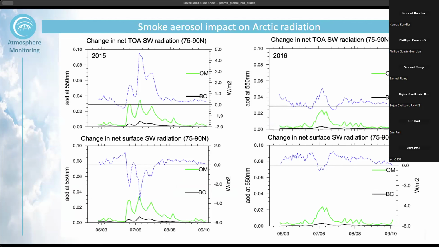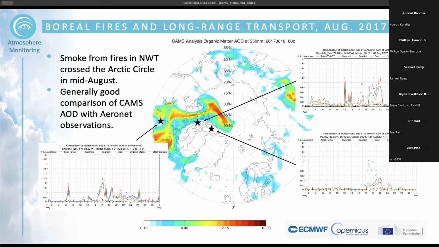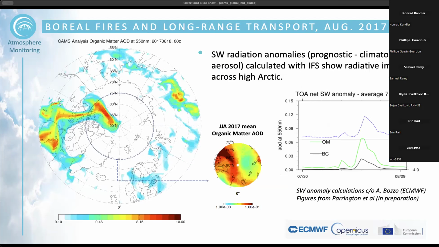Maybe I'll skip over this. This is looking at a couple of different years, but just to get to some other high latitude transport episodes. Here are the huge fires that were in Canada in 2017. This is August 2017, showing this high latitude plume transport and evaluation against some of the AERONET sites related to that plume transport.